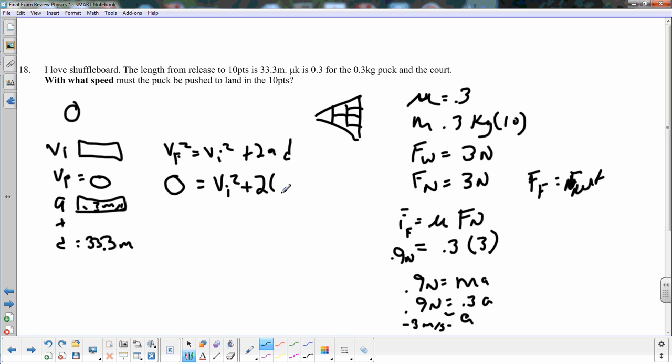Zero equals Vi squared plus negative 19.8... Add 19.8 to both sides. Vi squared equals 19.8, so take the square root. Your initial velocity should be 4.45 meters per second.